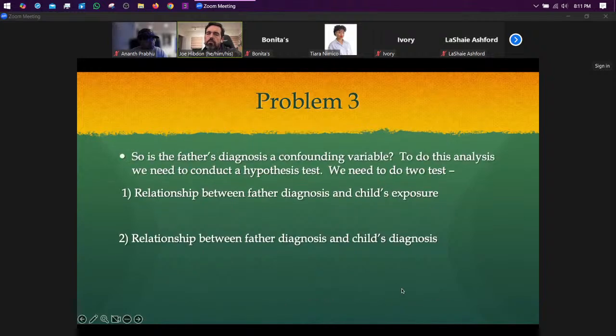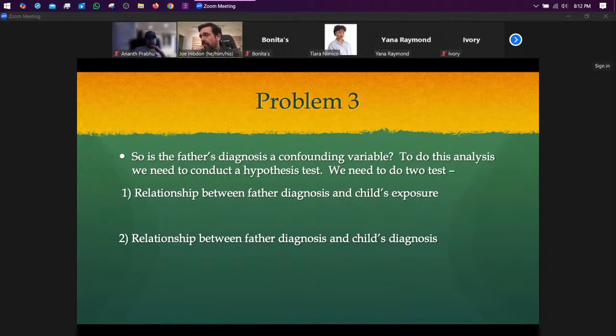So let's go to problem 3. I have a question about that. Are you also saying might because I guess the biology part of it, it may be genetic or it may not be genetic, but we don't actually know, or maybe environmental?